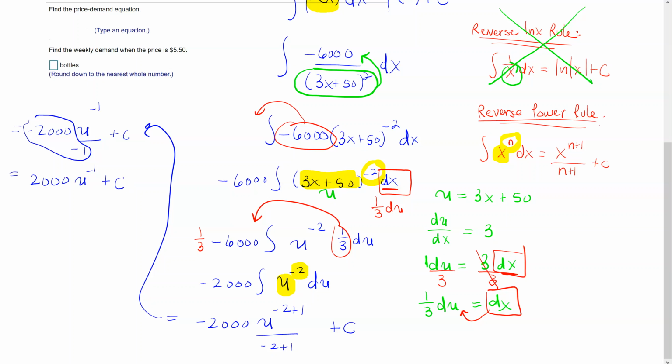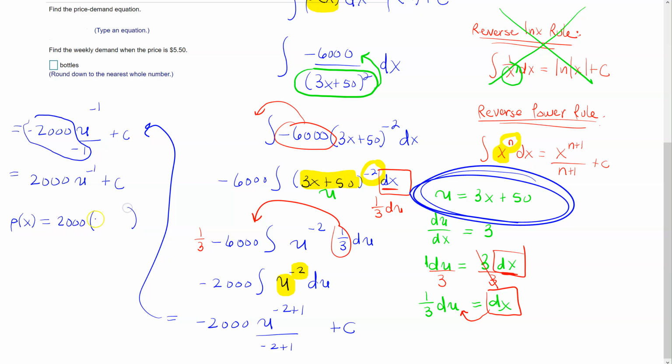And don't forget to unsubstitute that u. Remember, we did the u substitution here, and we're getting our price demand function back. So what is my price demand function? When I unsubstitute that u, it's 2,000 times the binomial 3x plus 50, to the negative 1 power, plus c.